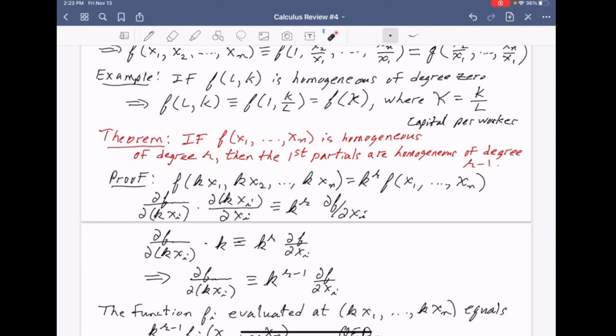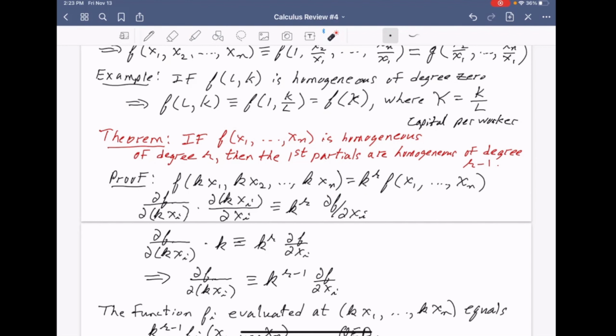Then taking the partial derivative of that first function with respect to k multiplied by xi, and then multiplying that by the partial of kxi with respect to xi, we get k to the r multiplied by the partial of f over dxi, which is simply the marginal product in the case of production.